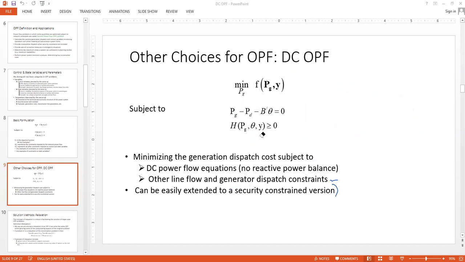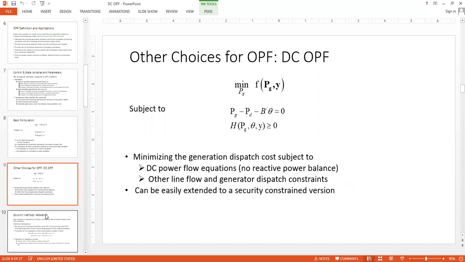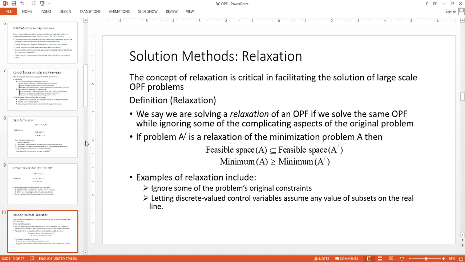Now that we have this DC-OPF formulation, let us see how we can go for the solution of this DC-OPF. In this course, the method that we are going to adopt for solving the DC-OPF, we will name the relaxation method. The relaxation method is already probably known to us, but by a different name.